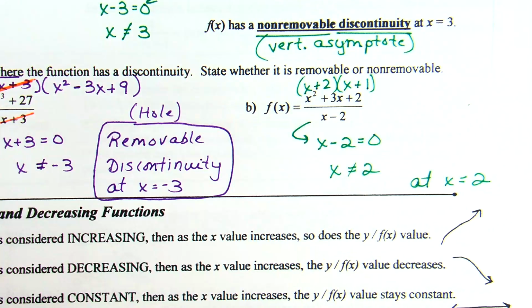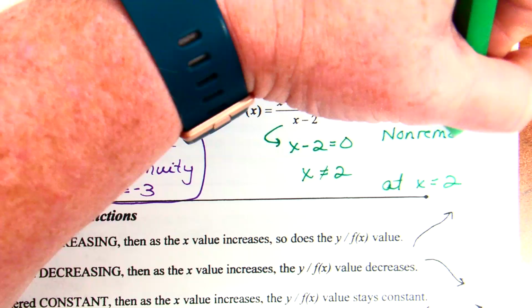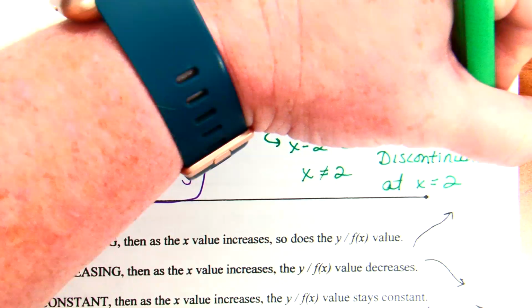No, nothing cancels, so we are expecting this to be a non-removable discontinuity at x equals 2. Or in other words, it's an asymptote.